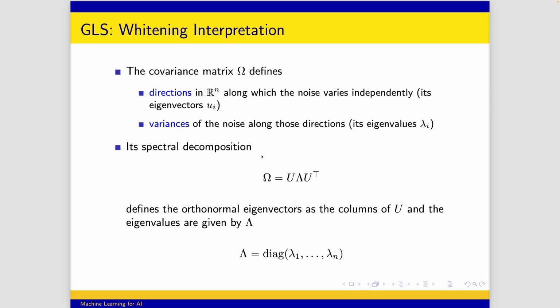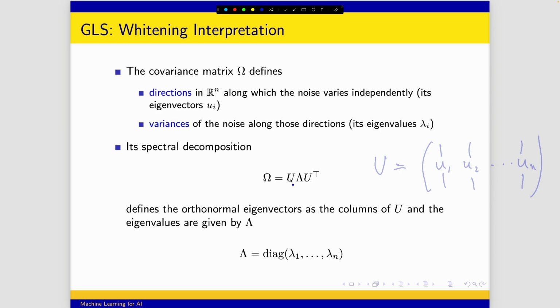So let's write down a spectral decomposition of omega. A spectral decomposition of a positive definite matrix looks like this: matrix U times a diagonal matrix lambda times the same matrix U transposed. Now this matrix U has the first eigenvector of omega as its first column, the second eigenvector as the second column, down to the last eigenvector.